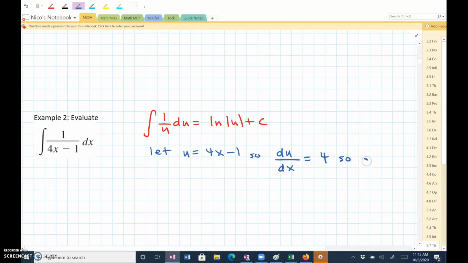So du equals 4 dx, or dx equals du over 4.